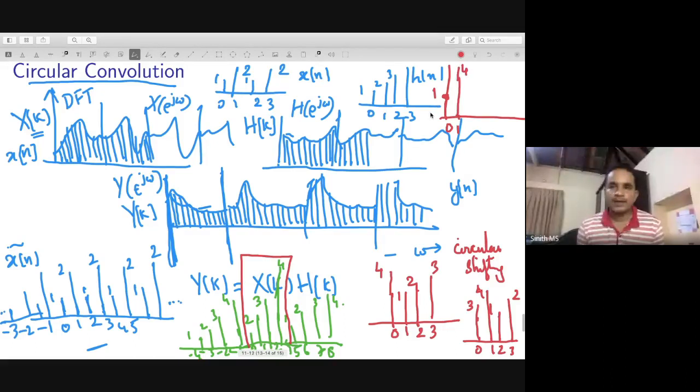When you rotate with respect to the y-axis, 3 will come next, right? Then 2 will come. And again, we are just bothered about from 0 to 3. So 0, 1, 2, 3, you have the values 1, 4, 3, 2.